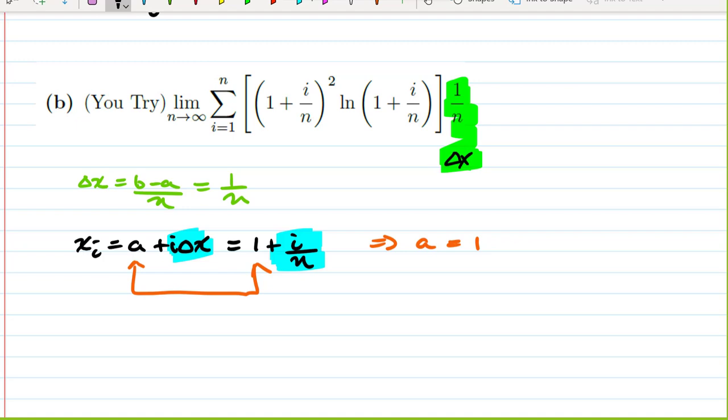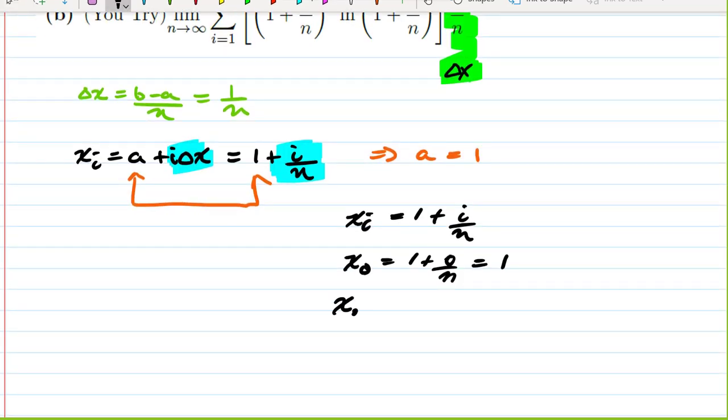If I plug in x sub 0, that gives us 1 plus 0 over n, which is 1. And if we plug in x sub n, that gives us 1 plus n over n, which is 1 plus 1, which is 2.